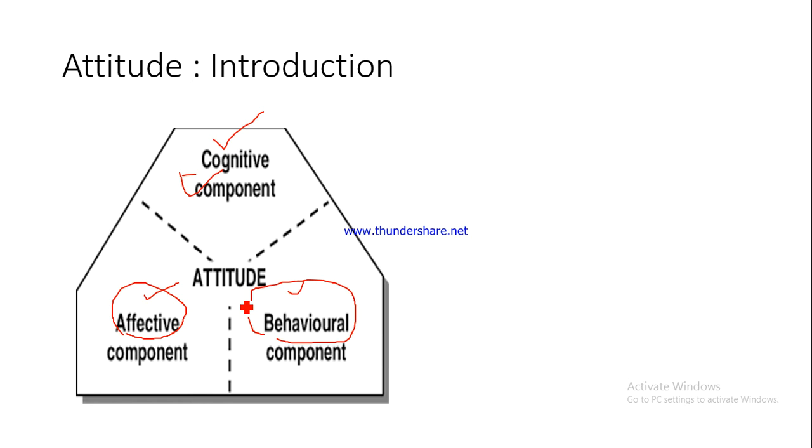This is fine. So generally, attitude can help us predict behavior. For example, if you have a favorable attitude towards a particular political party, then you are more likely to vote for that party during the elections. So in many instances, the attitude predicts behavior.